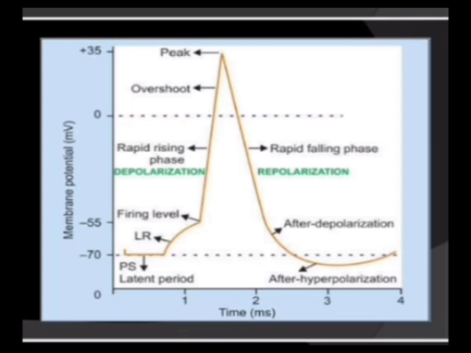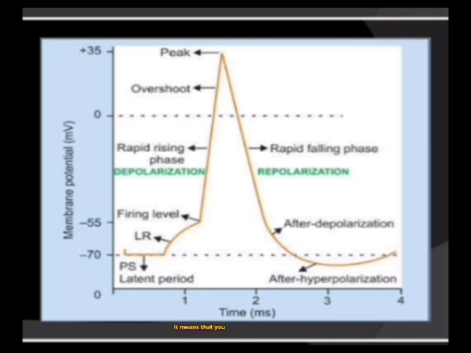For example, when the cell is in its resting state, the interior of the cell is negatively charged, while the exterior is positively charged. When action potential begins and depolarization starts, the sodium ion channel is opened, and there is influx of sodium ions from the outside of the cell to the inside, causing an alteration of the normal resting membrane potential.